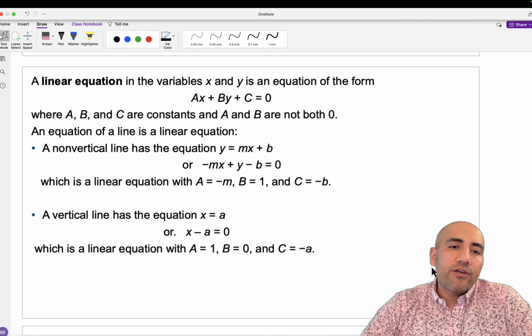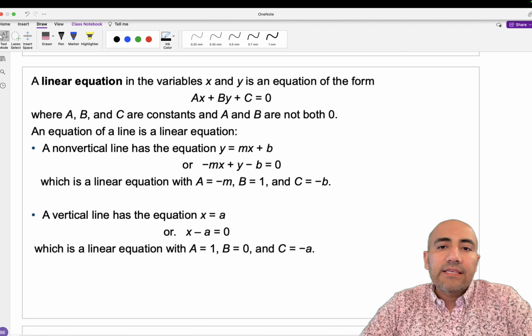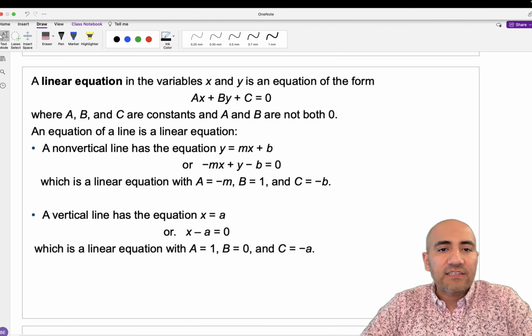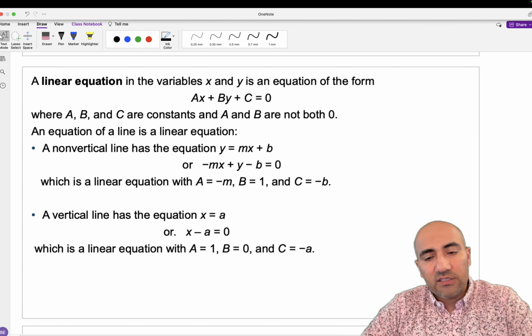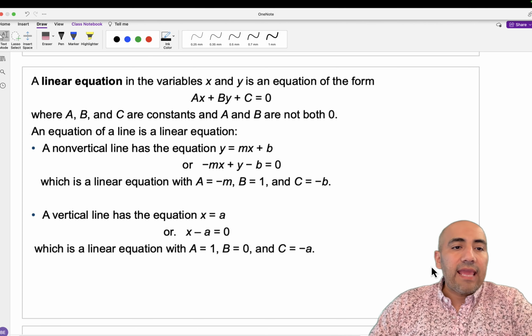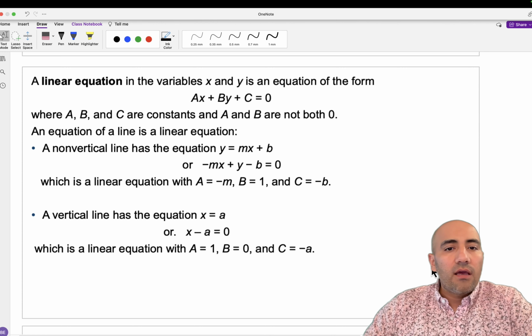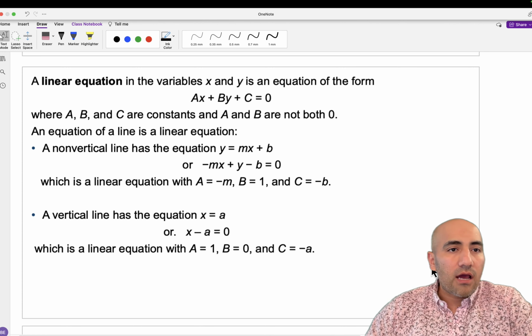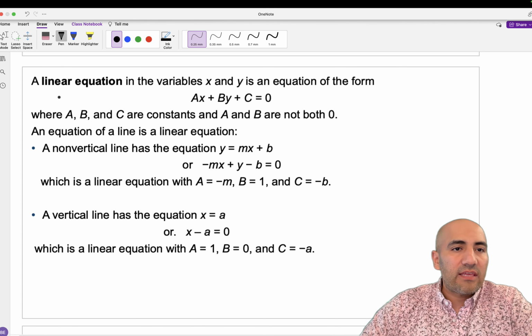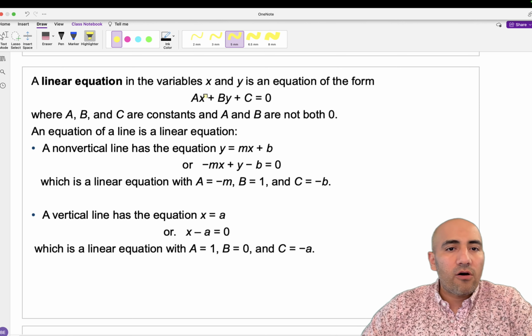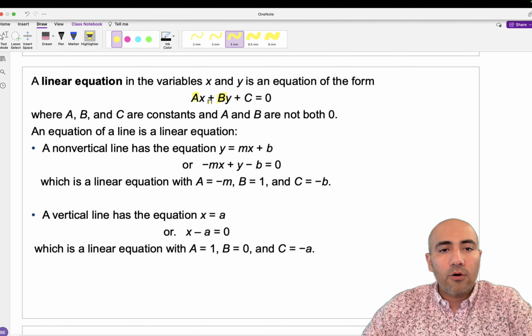Okay, the general equation of a line. A linear equation in the variables x and y is an equation of the form ax plus by plus c equals 0, where a, b, and c are constants, and a and b are not both 0. Because if they were, the equation would simplify and get rid of all your variables, and you'd end up with just c equals 0, which is not what we want.